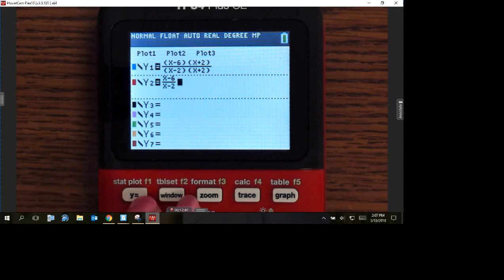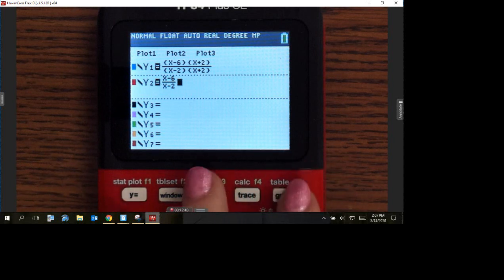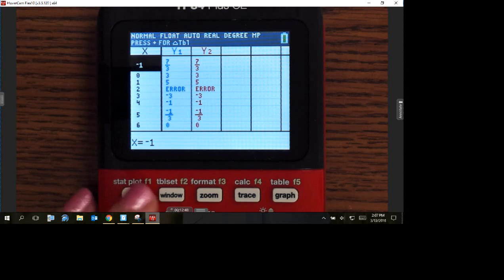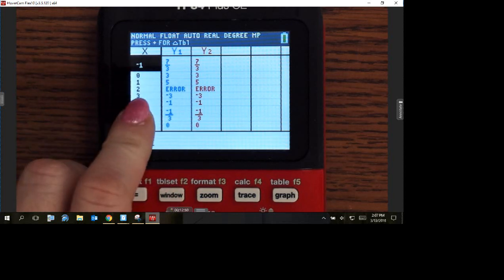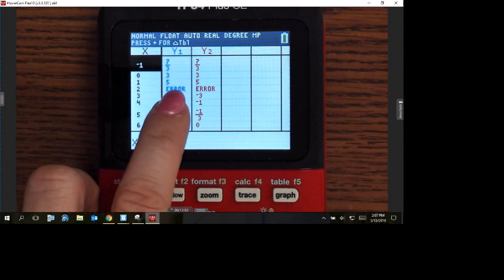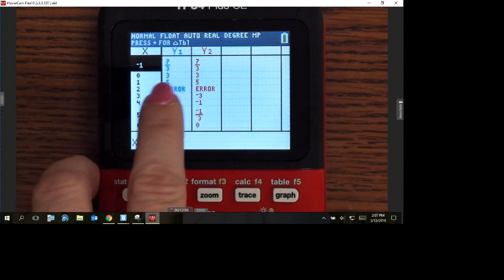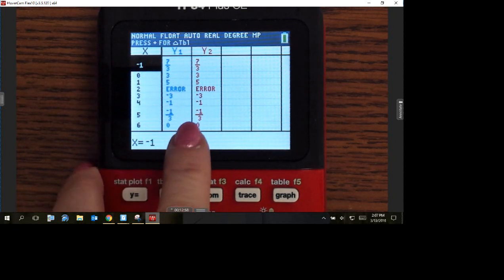And then I'm going to go to the table. You don't have to do this with me, just watch. And you will see that at 2, both of the equations don't work. And at every number, they have the exact same value.